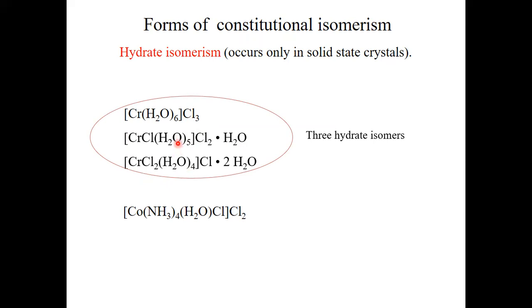We can move another water molecule from the first coordination sphere into the second coordination sphere. And then we move another chloro ligand from the second coordination sphere to the first coordination sphere.